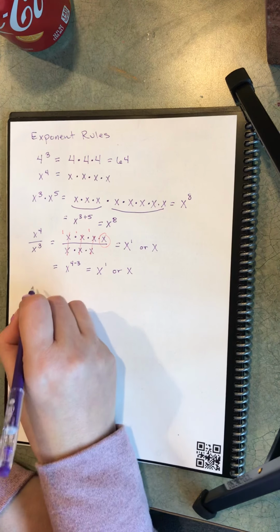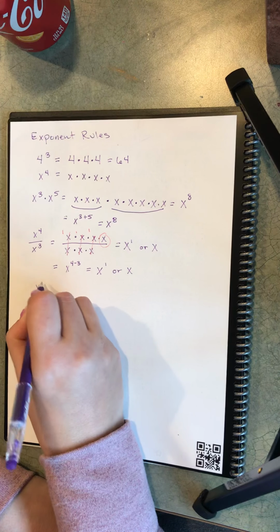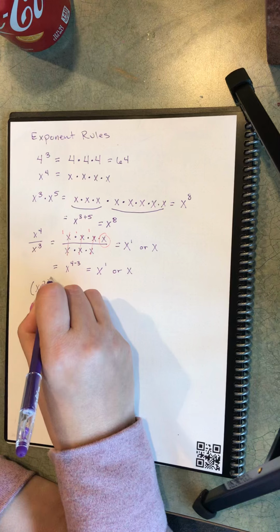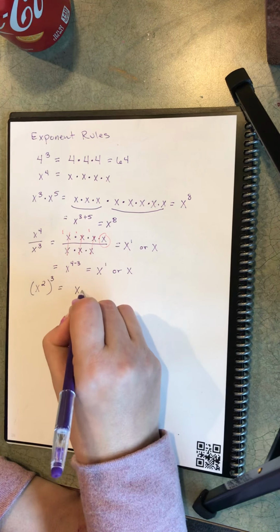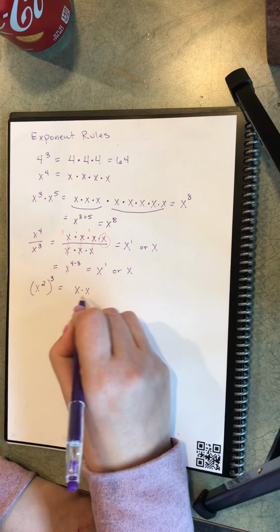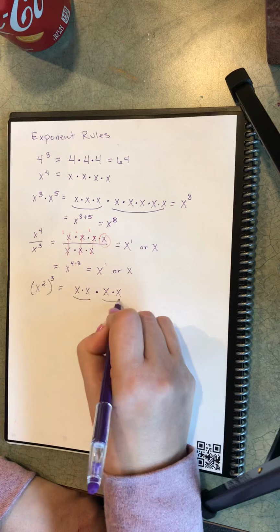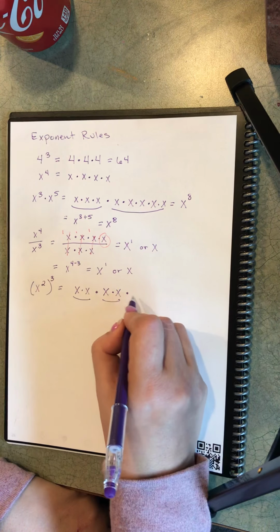Then we have x squared to the third power. So this means I have a set of 2 x's 3 times, right? I have 3 of these. Everything that's in here, I have 3 of them.